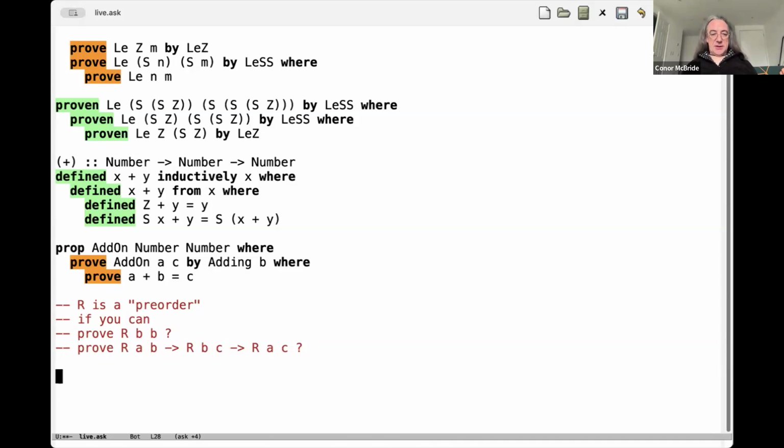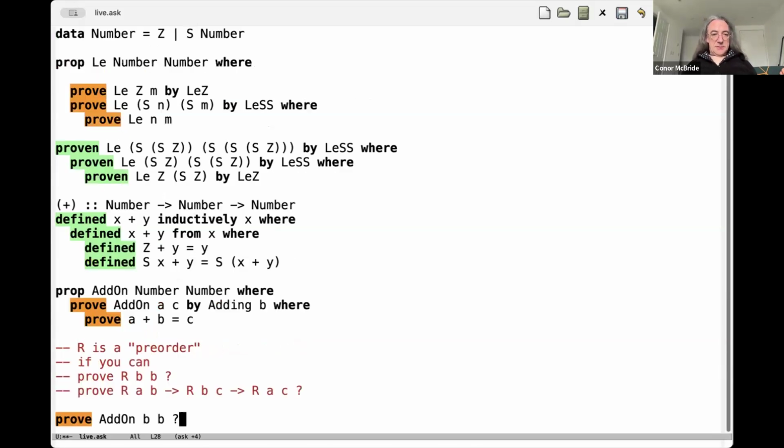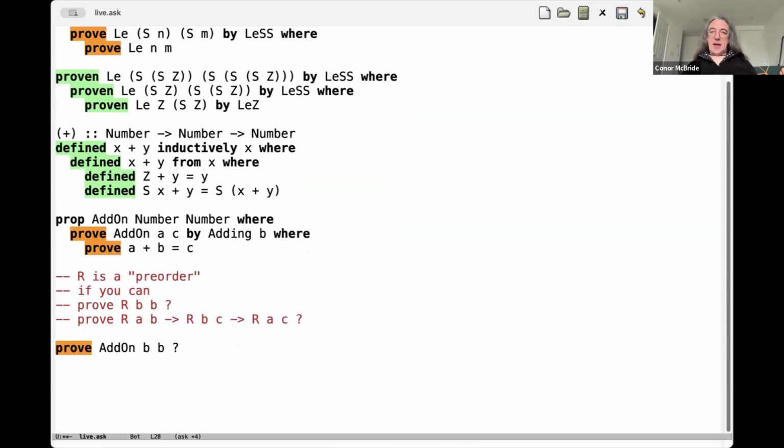Right, so let's get on with it. Prove add on B B for sake of argument. Right. Well, how should we prove it? Can you think of something we can add to B to get B?